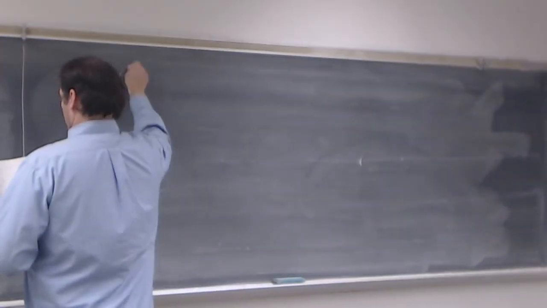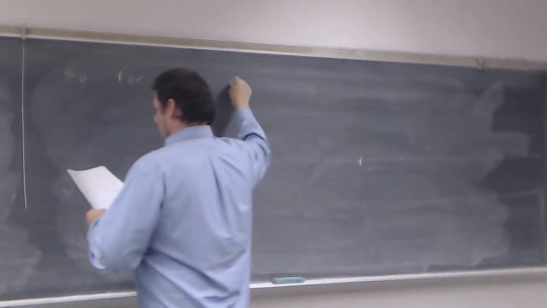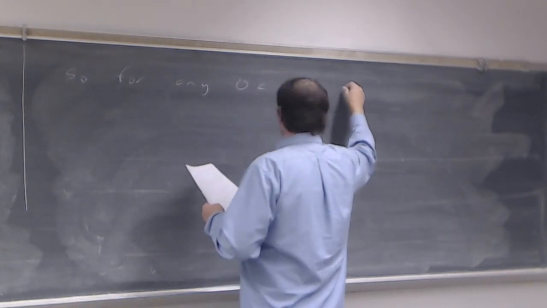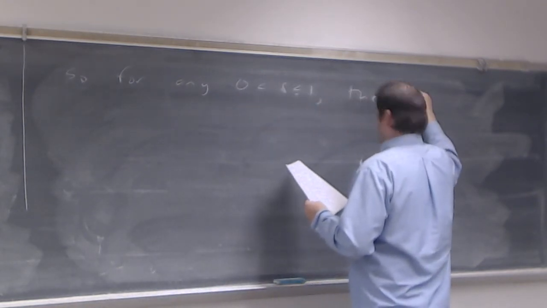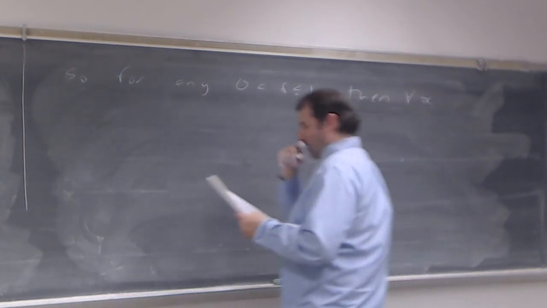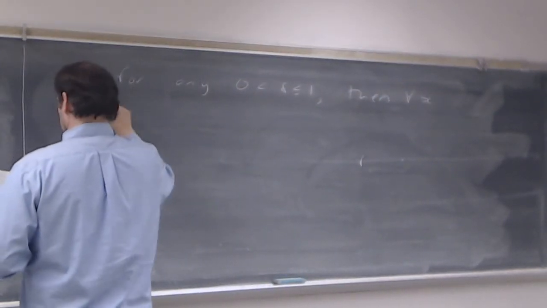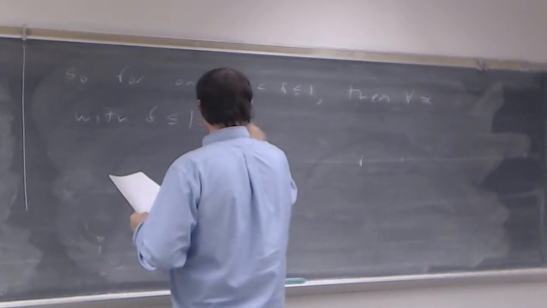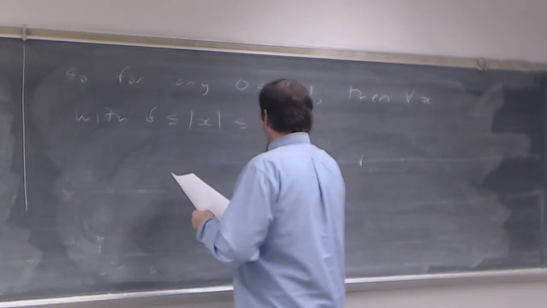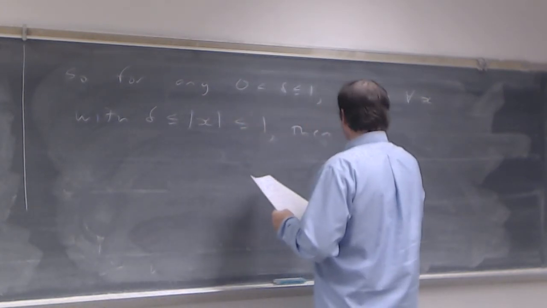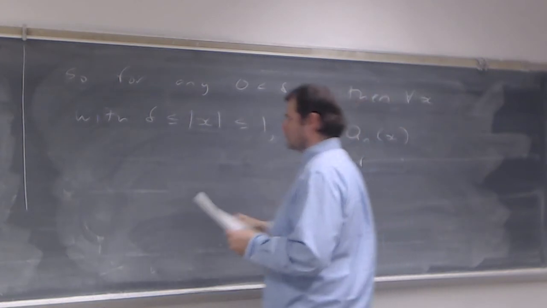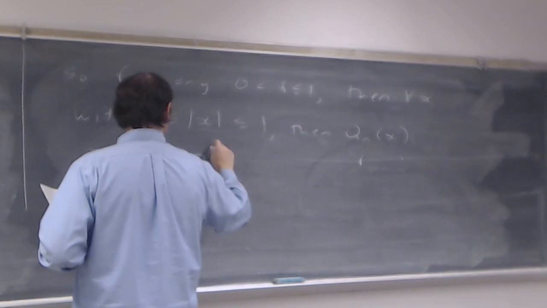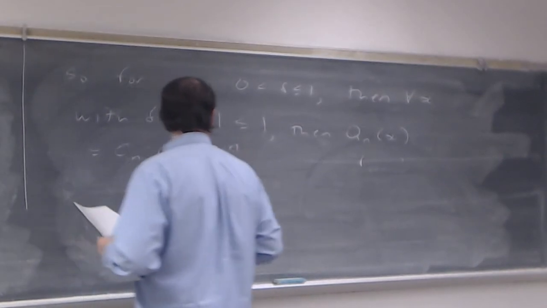So, for any delta here bigger than 0 but less than or equal to 1, then for all x with delta less than or equal to the absolute value of x, which is less than or equal to 1, then q sub n of that x, which is equal to c sub n times (1 minus x squared) raised to the n.